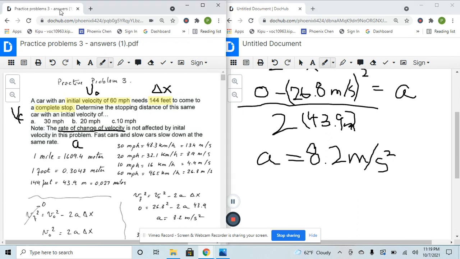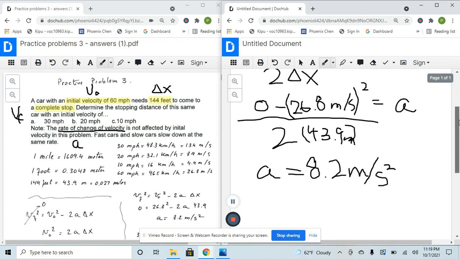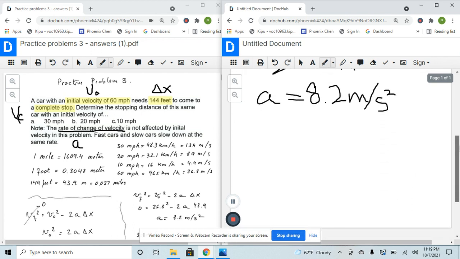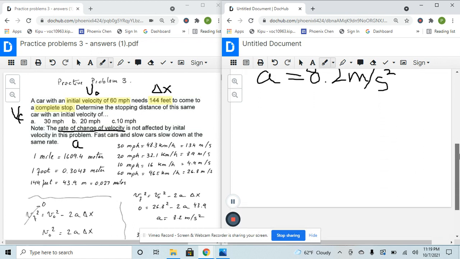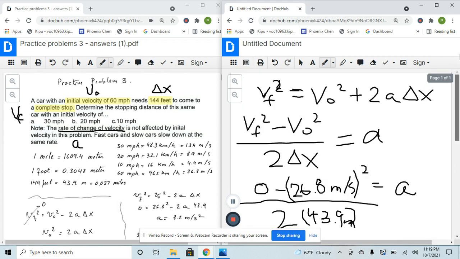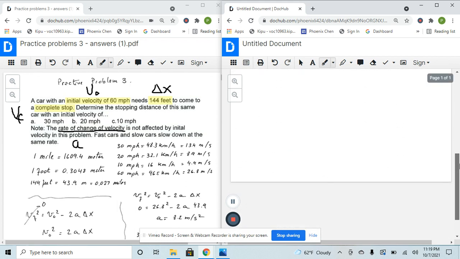And also, now we know our acceleration. That's going to apply to all the equations for A, B, and C, since the rate of change of velocity is not affected by initial velocity. Okay, so that's the first part. Now we can go into solving for A, B, and C. So we'll use the same equation actually.